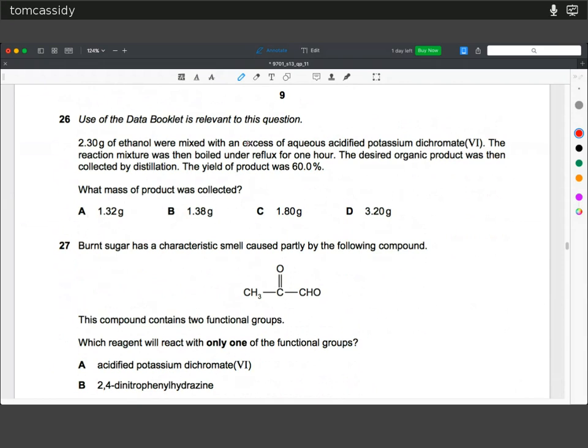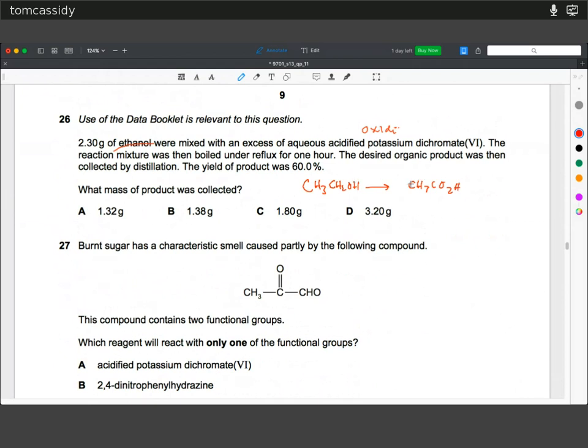Okay, so on this one, you're talking about ethanol, and you're using potassium dichromate. You need to know that that's an oxidizing agent. And so when you have an alcohol, such as ethanol, and you're oxidizing it, you end up with the carboxylic acid.